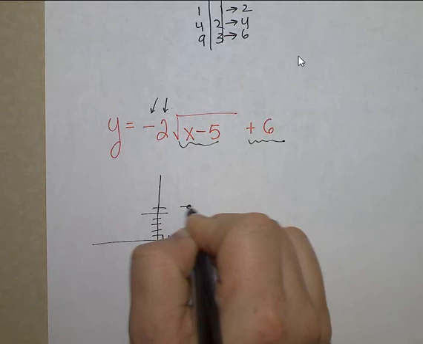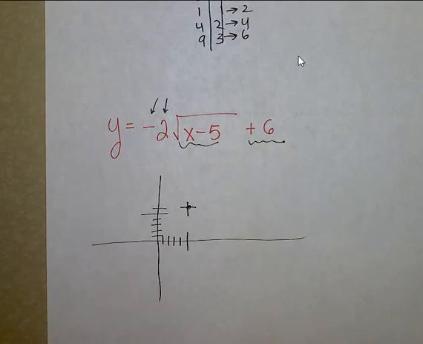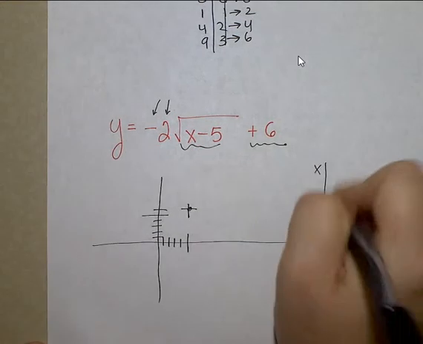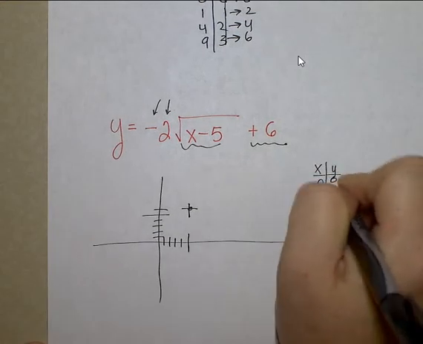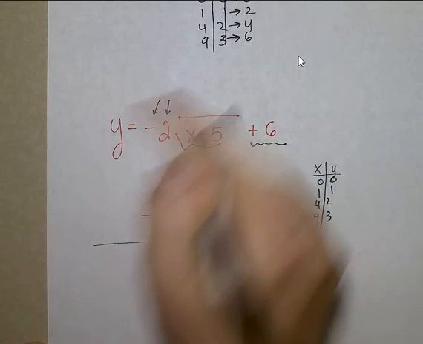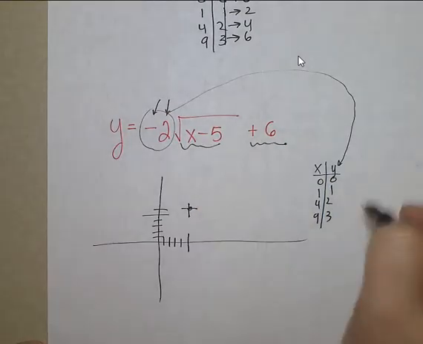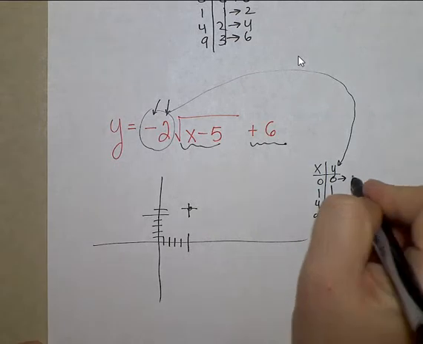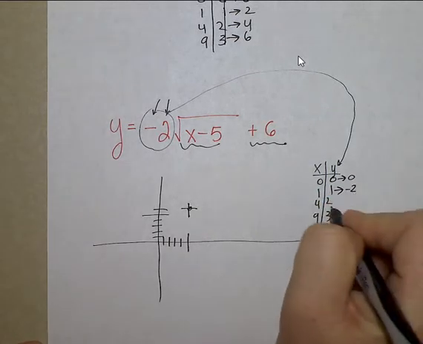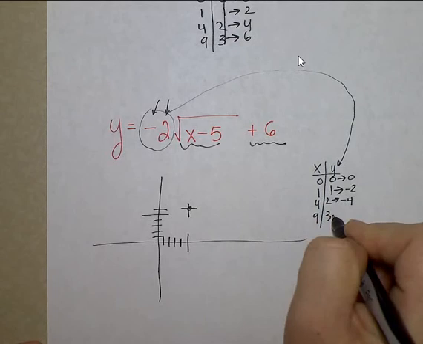This is my new origin. I'm going to make a quick table, 0, 0, 1, 1, 4, 2, 9, 3. And I'm going to take this -2 times everything in the y column. So 0 times -2 is 0. 1 times -2, 2 times -2, and 3 times -2.